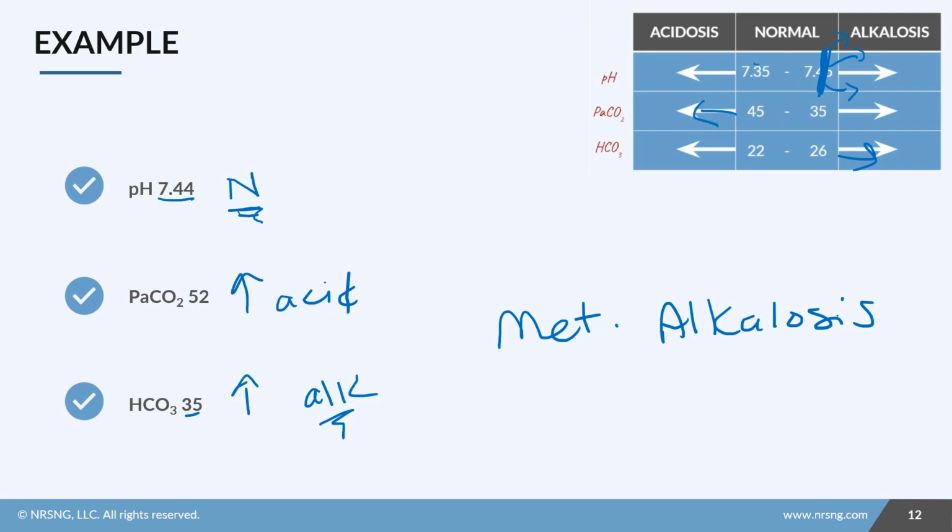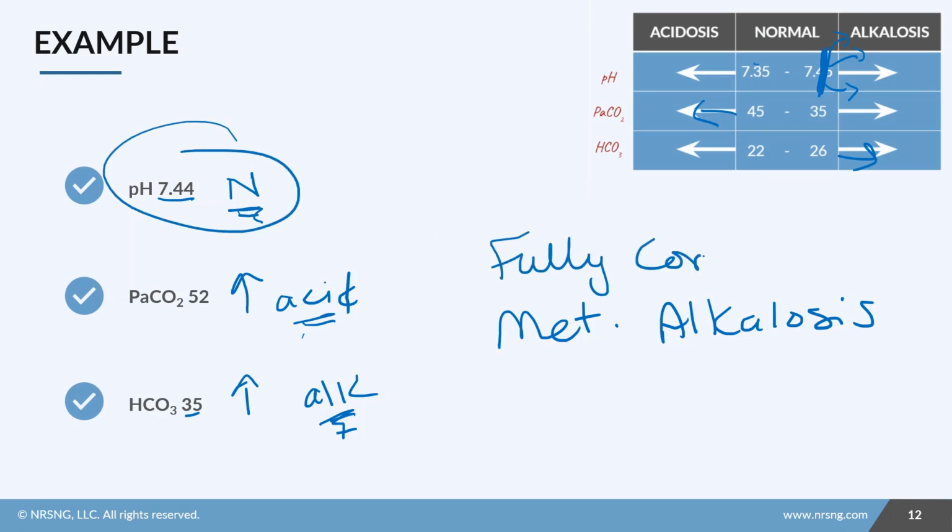Now, step 3, is there compensation? Well, yes, we've already seen that, right? Both the CO2 and the bicarb are abnormal. They're in opposite conditions. And since my pH is normal, what we're seeing here is a fully compensated metabolic alkalosis. Got it?